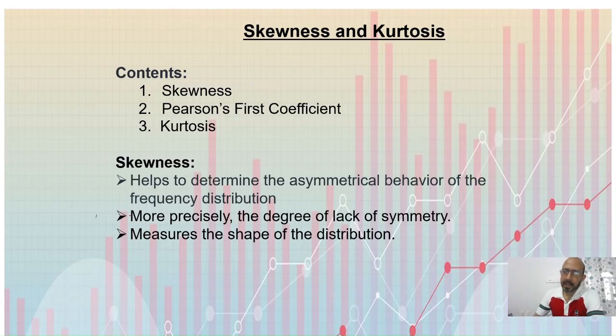Skewness measures the asymmetry of a distribution. It indicates whether the data is skewed to the left or right of the mean. Skewness is used to measure the level of asymmetry in our graph.